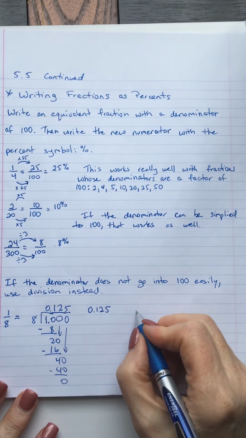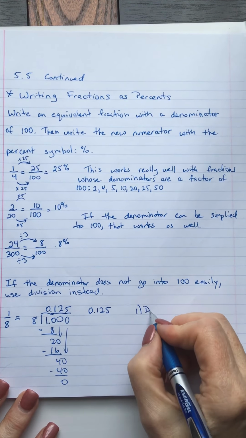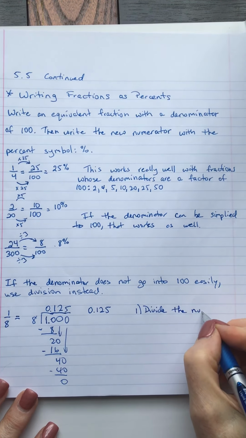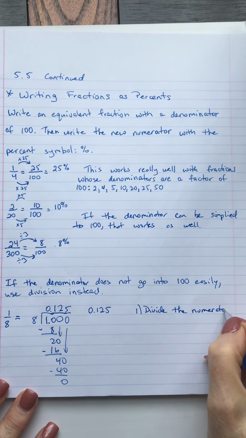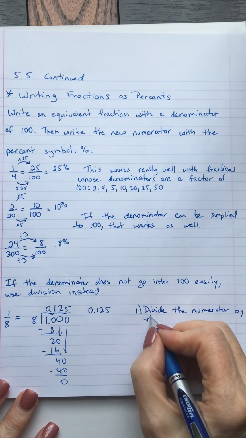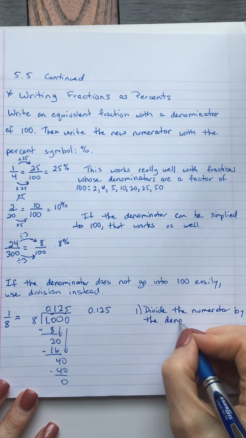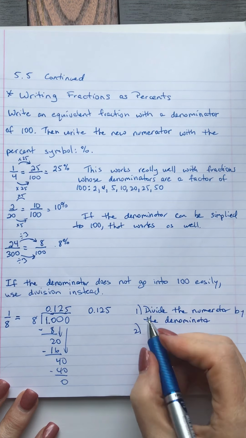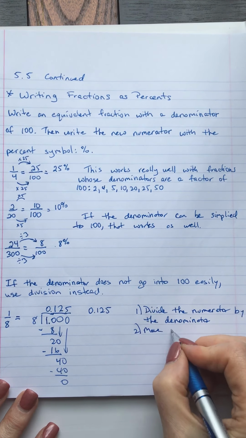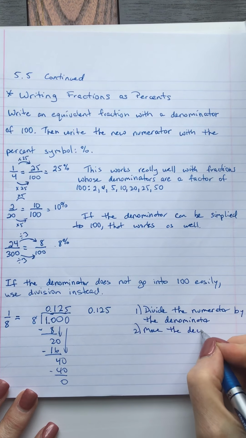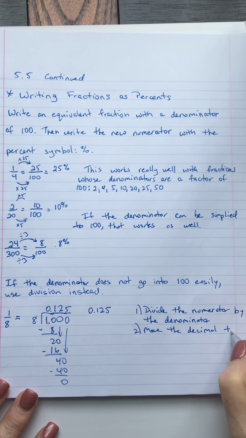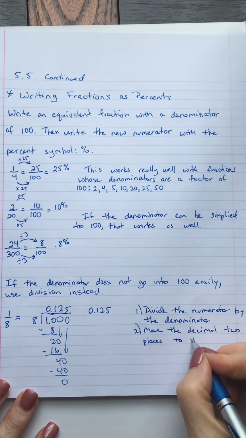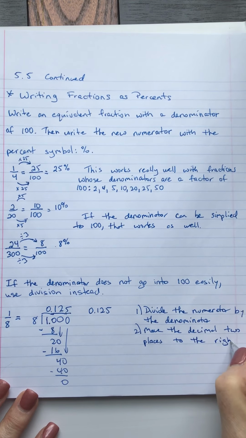So our decimal answer is 0.125. So our first step is to divide the numerator by the denominator. Step 2, move the decimal 2 places to the right.